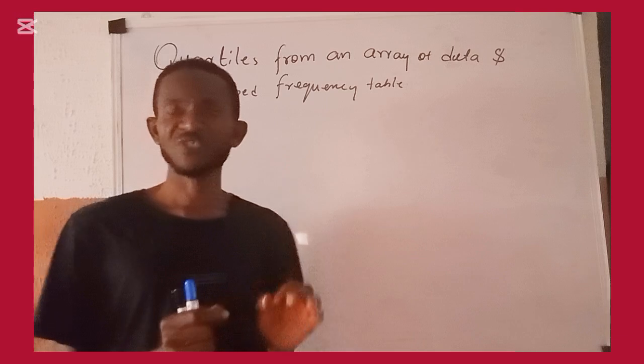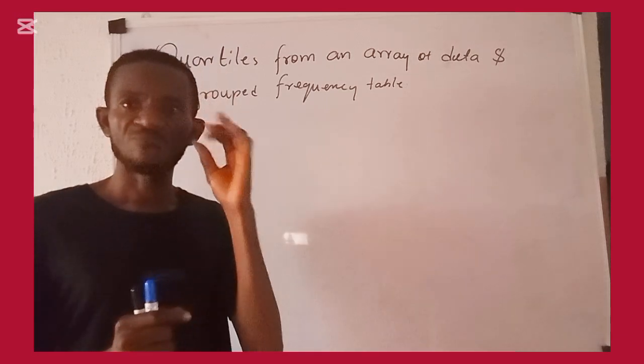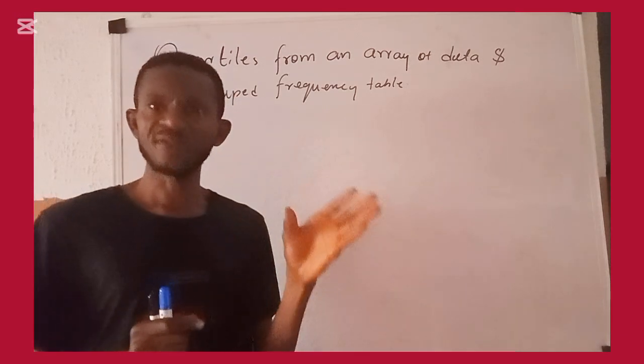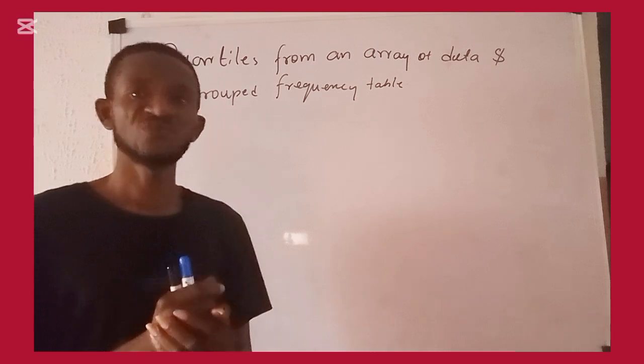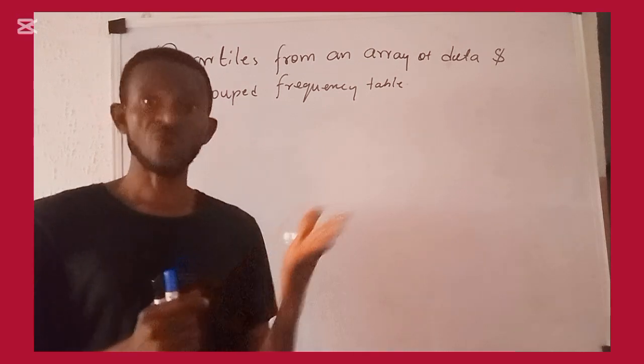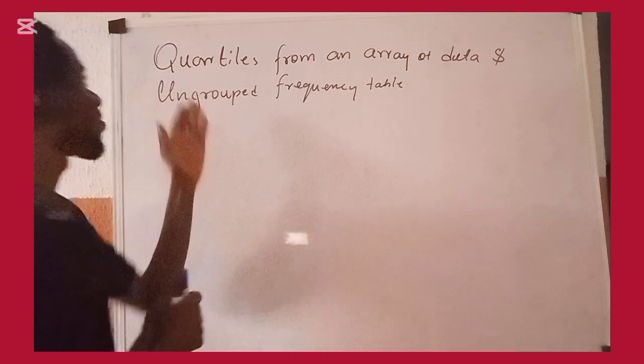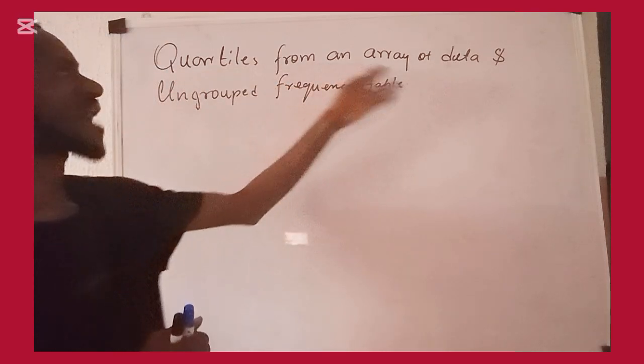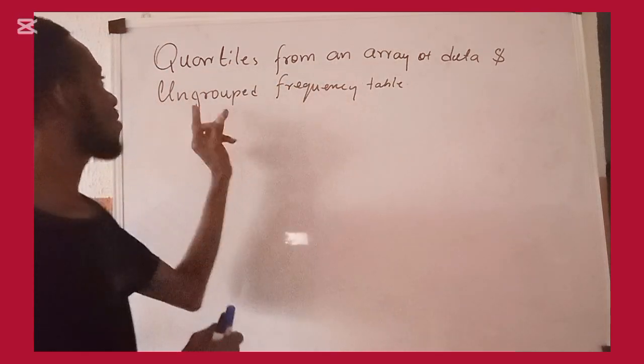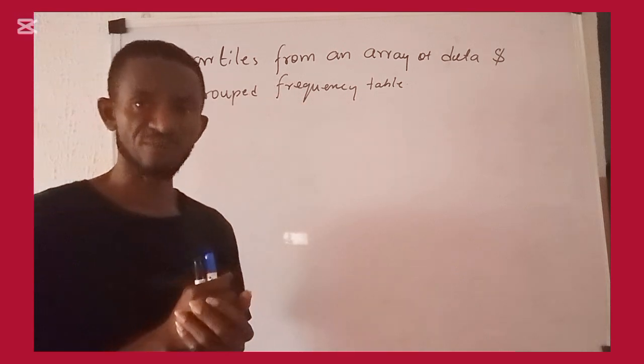Today, we are going to discuss one of the frequent questions in statistics, which is always confusing to students. And this, of course, is quartiles from an array of data and an ungrouped frequency table.